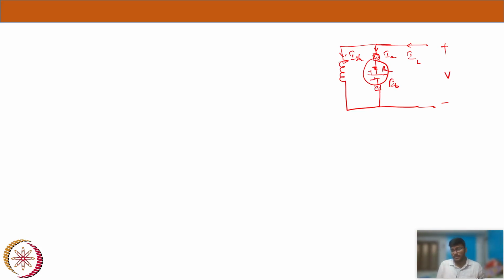Last 2 weeks we have been discussing the shunt motor only, and now we will be looking at a different kind of topology, which is the series motor, where our motor will be there, same kind.